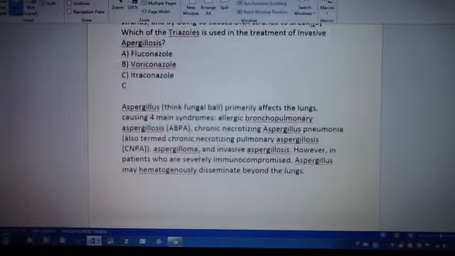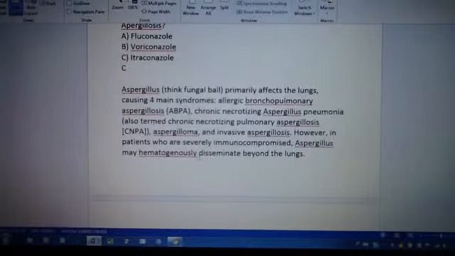Alright, so we're almost done here. Aspergillus, think of the fungal ball when you think of aspergillus. It primarily affects the lungs, causing 4 main syndromes: allergic bronchopulmonary aspergillosis, ABPA, chronic necrotizing pulmonary aspergillosis, aspergilloma, and invasive aspergillosis.